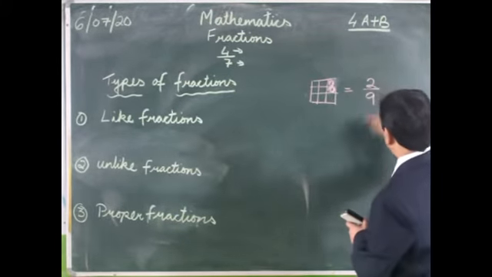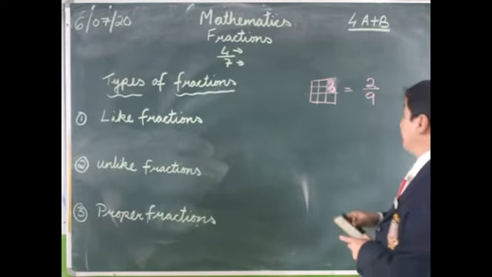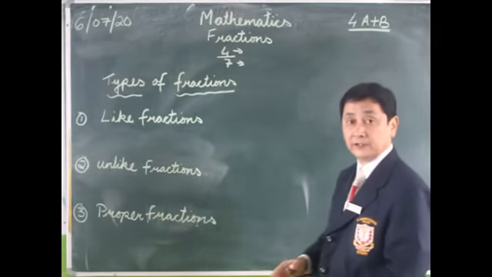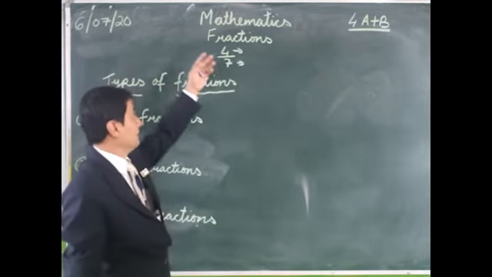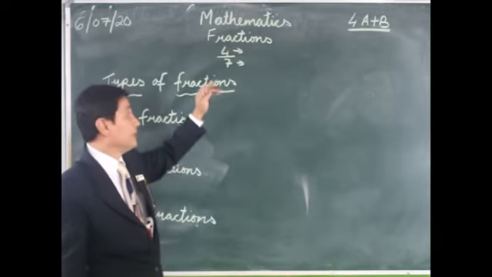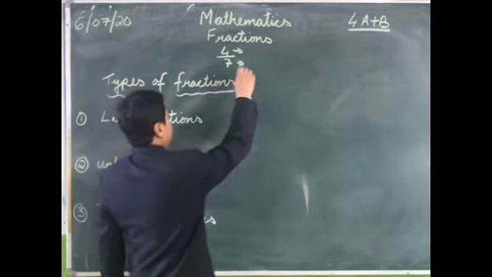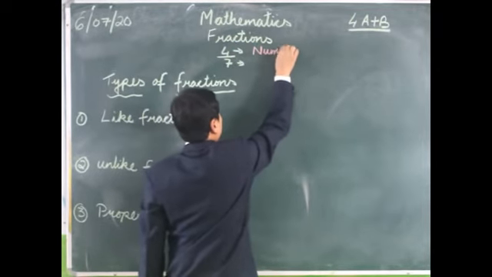Now, a fraction has 2 parts, one on top, one at the bottom, and that too has a name. Okay? So for example, I have written 4 upon 7. Now the top part has a different name, the bottom part also has a name. So the top part, 4, is known as the numerator.